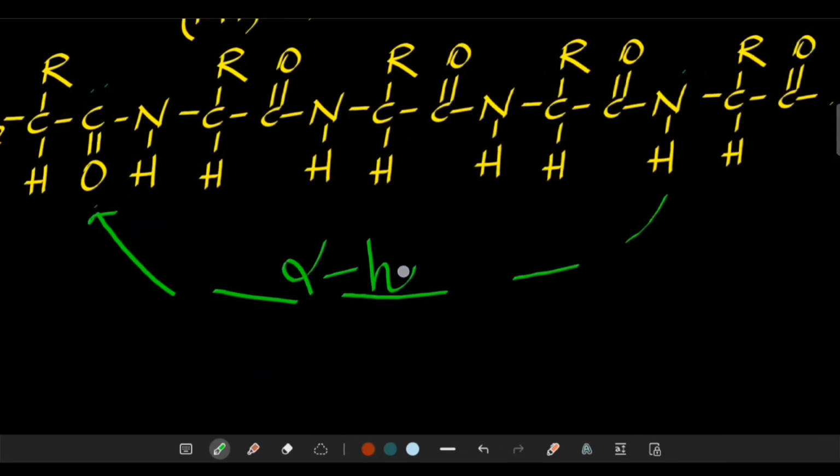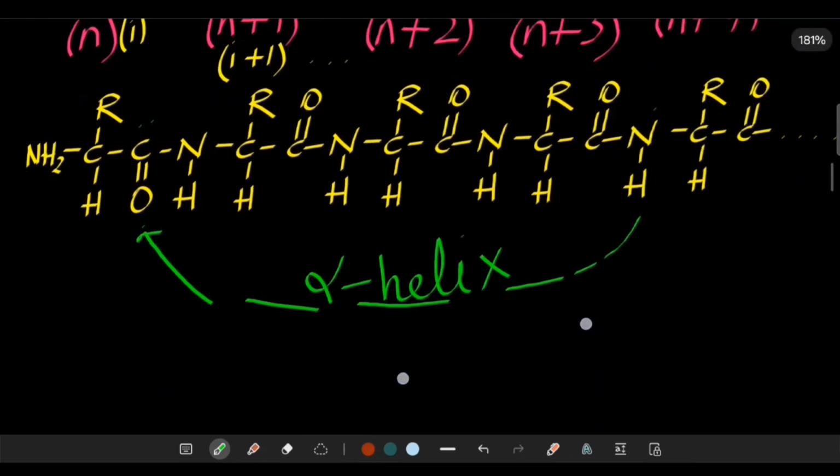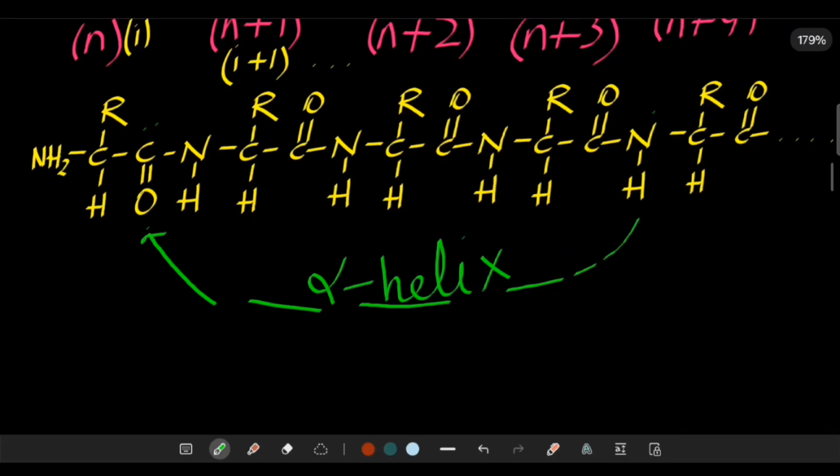That means whenever the carbonyl group of the first amino acid forms a bond with the amino group of the fifth amino acid, it will be termed as alpha helix. Okay, so I hope now you're able to understand how it looks in a linear form as well.